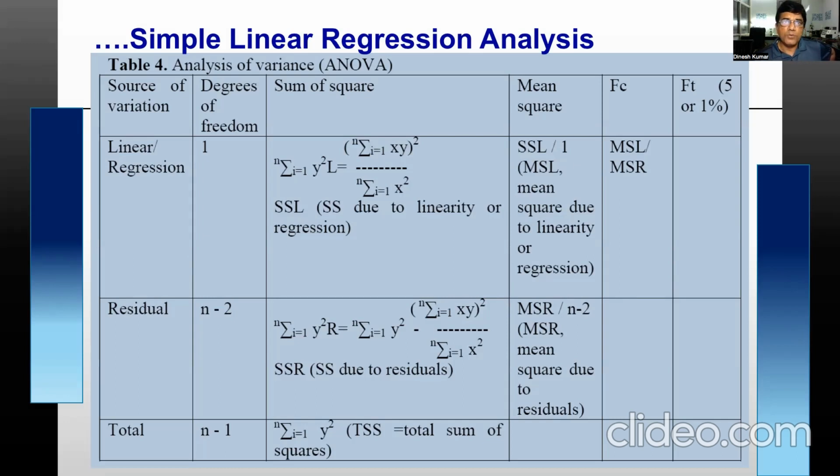If the test turns out to be non-significant, that means your table value is higher than the F calculated value. Then the results are non-significant. That means it is not a linear equation, or it may have some other kind of non-linear relationship. So those will be your conclusions.